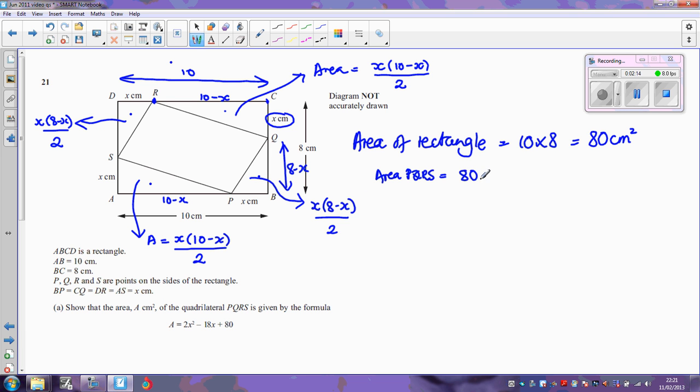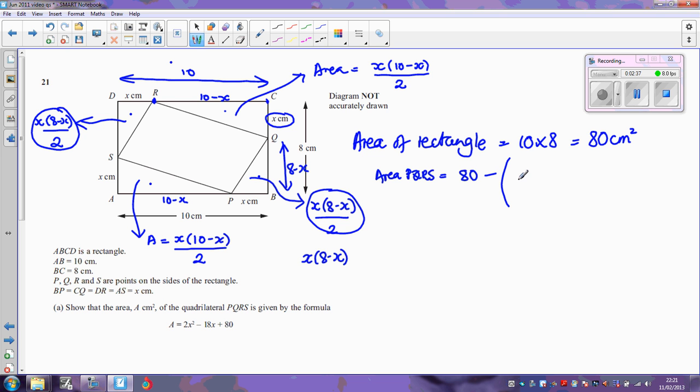And now let's have a look at what's going to happen here. If I add together, so let's add together these 2. So these 2 triangles here, if I add those together, I've got half of x times 8 minus x and another half of x times 8 minus x. So those 2 smaller triangles together, if we add their 2 areas together, are just going to be x times 8 minus x. I'm going to write it properly over here though.